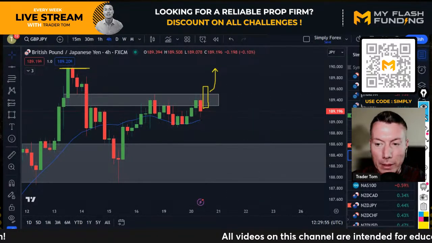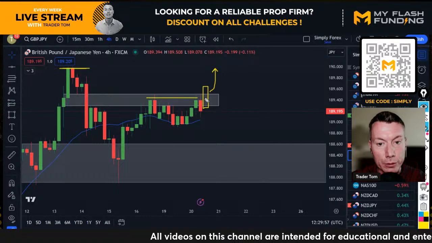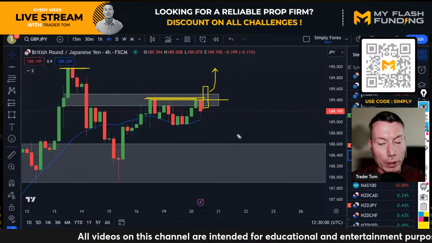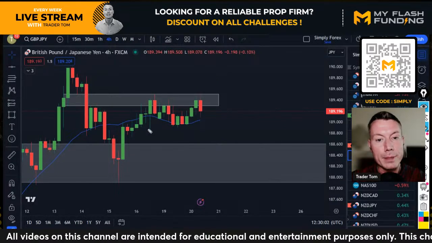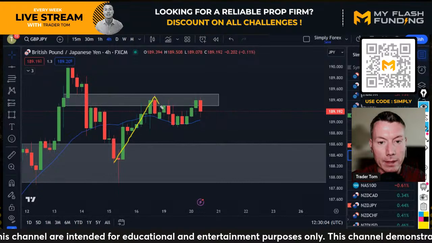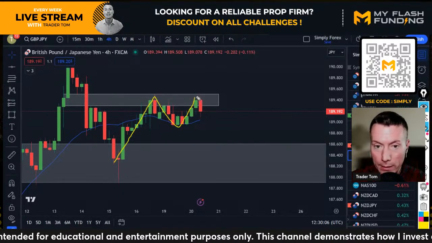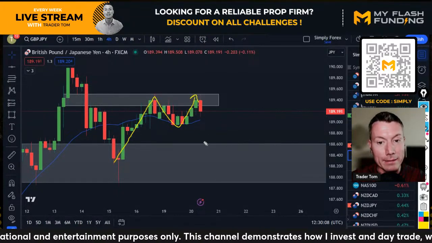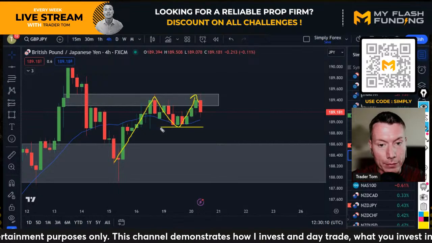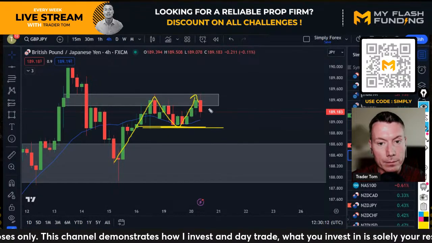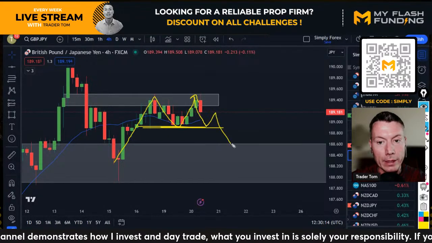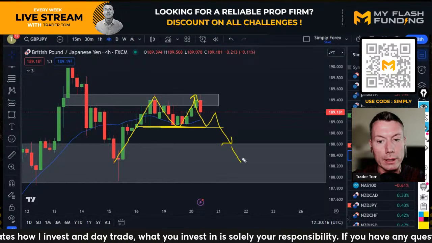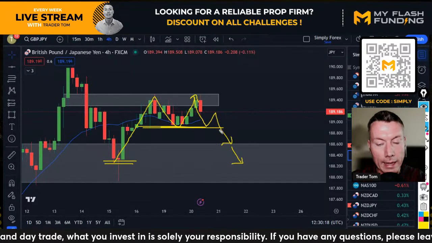But I wouldn't be looking to buy this unless it breaks this level. And because we're in this uptrend, I wouldn't want to sell it unless we break this low. If we started seeing something like this, then potentially we could start selling it down to here.